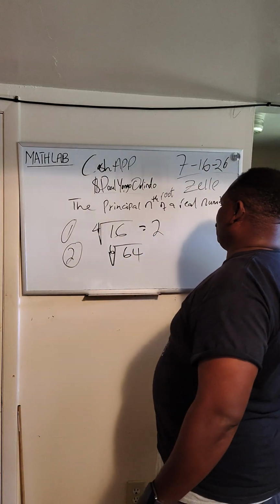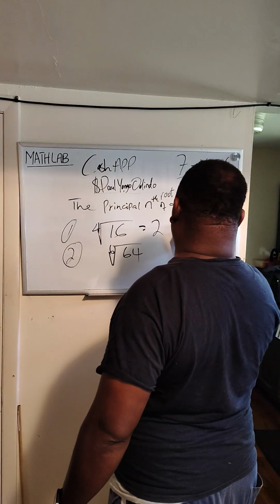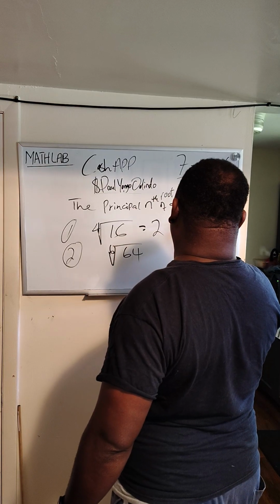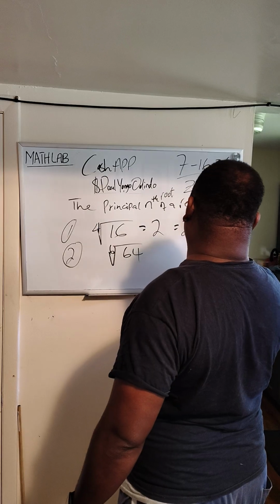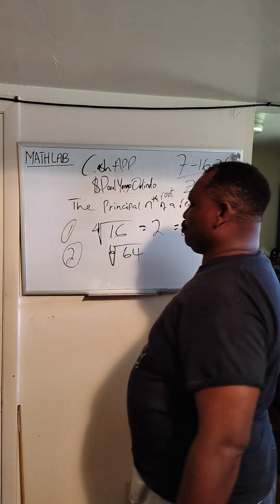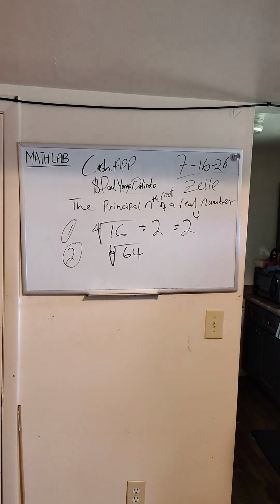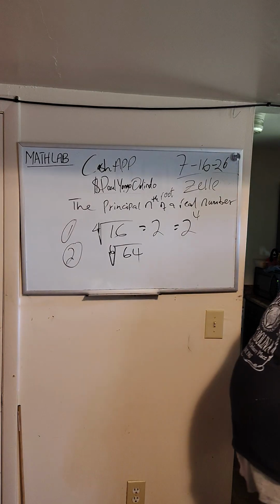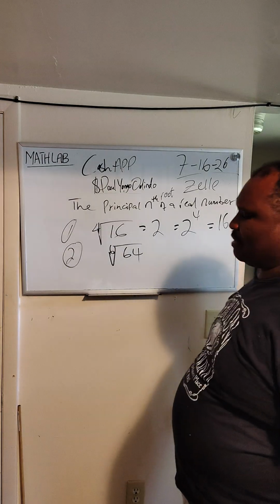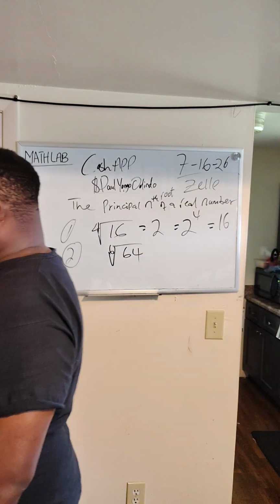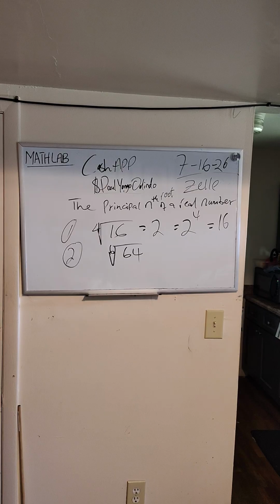And 2 is equal to 2 raised to the power of 4, and once we do that, we get 16. Get your calculator and calculate. Let us calculate that together, make sure it is right.